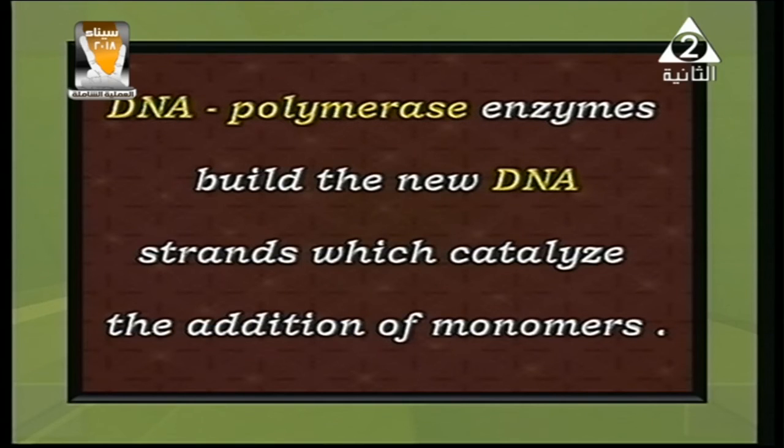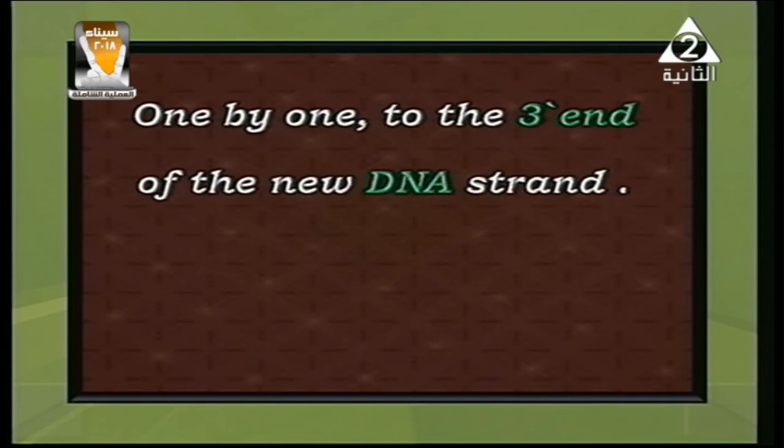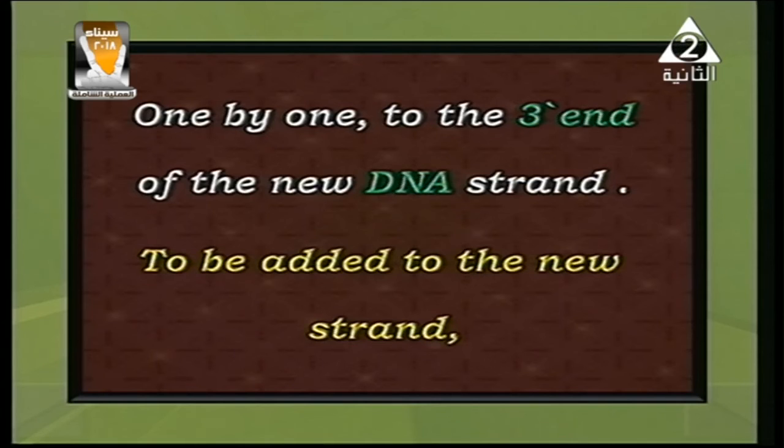Polymerase enzymes, which build the new DNA strands and catalyze the addition of monomers one by one, starting from the 3' end of the new DNA strand and so on, to be added to the new strand.